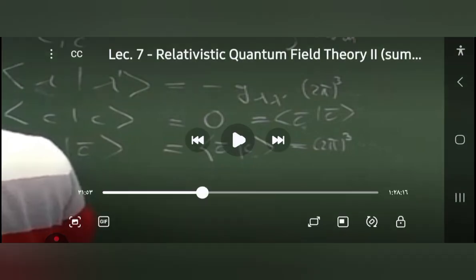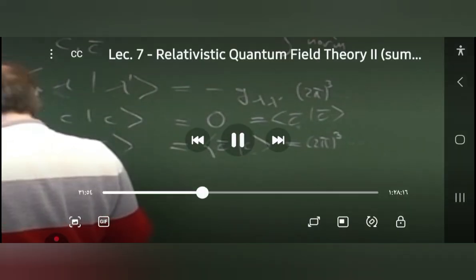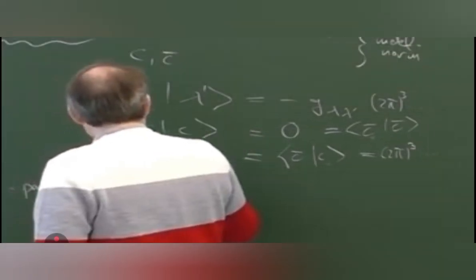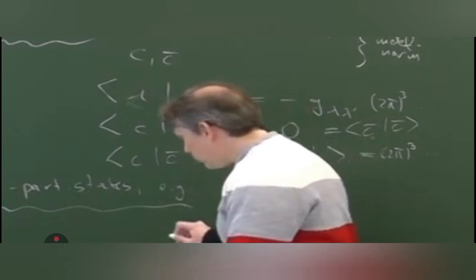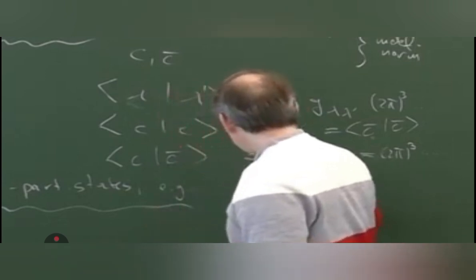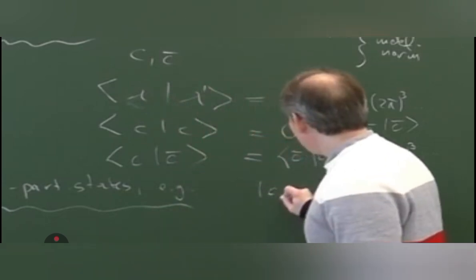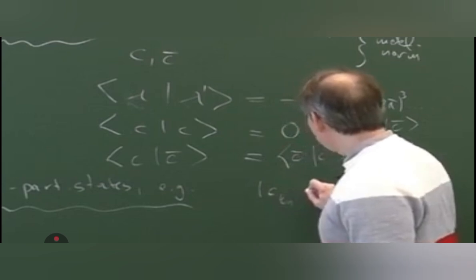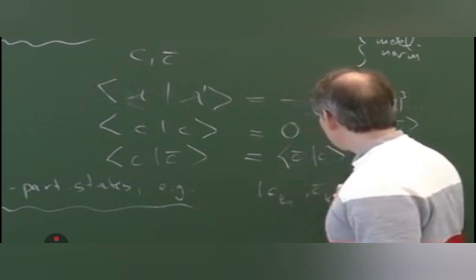Which we will actually need later. Two particle states, for example. Let us look at a state with two ghosts. Let's say C with momentum K1 and C bar with momentum K2.